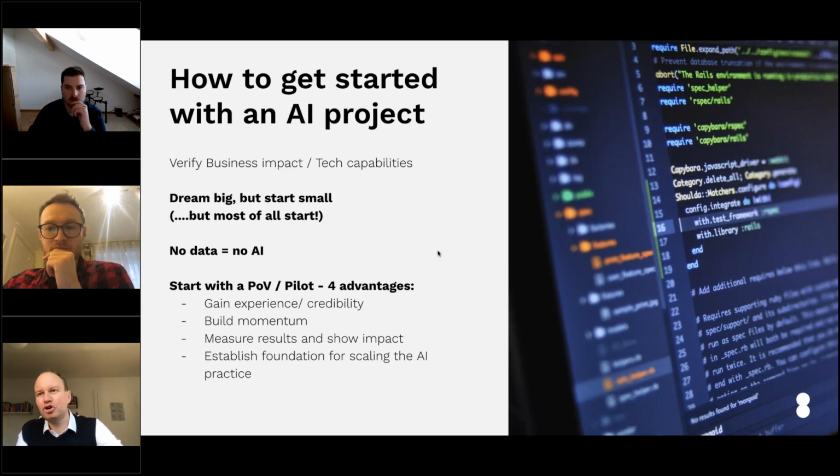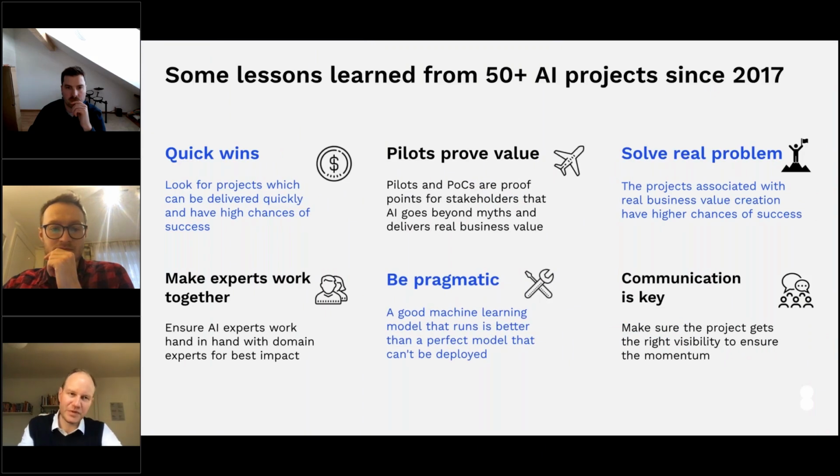I would now like to conclude with some quick lessons learned that we gathered in more than 50 AI projects since 2017, when Unit 8 was established. Number one is really to focus on the quick wins in the beginning, because there you have high chances of success, which I commented on earlier.